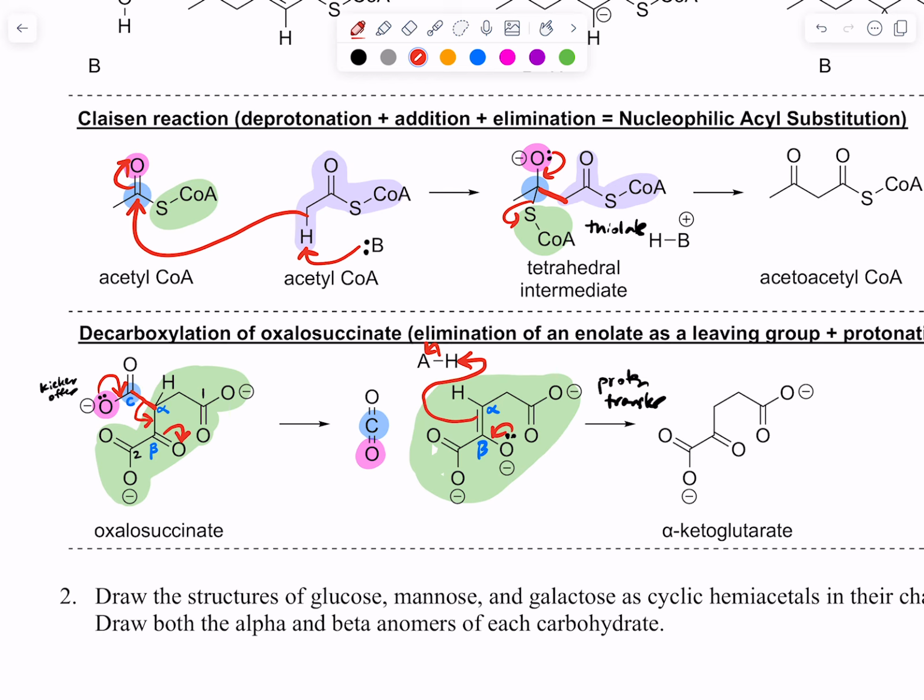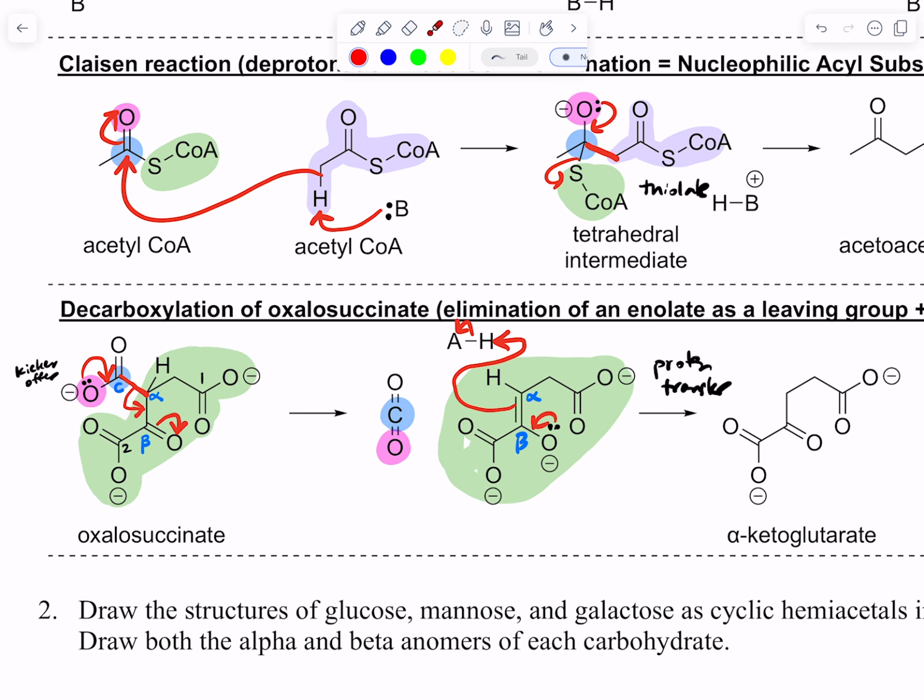Okay, and we will see that in the citric acid cycle, the first few steps are all about getting this ketone in the right place so you can do the decarboxylation reaction. All right, I think that's it for our new reactions. Other questions?